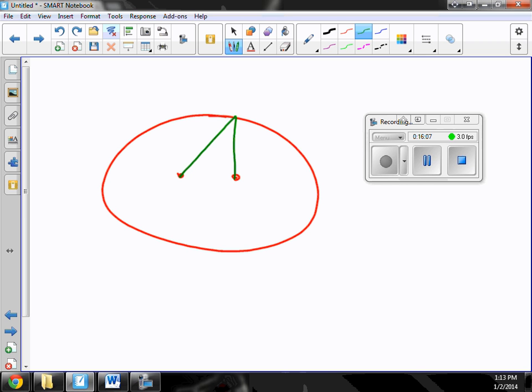The distance from one focus to the edge to the other focus is always the same. So if I were to do over here like this, that distance would be constant, and I can prove it to you. Because this string is always the same size, right? Well, this distance is constant.